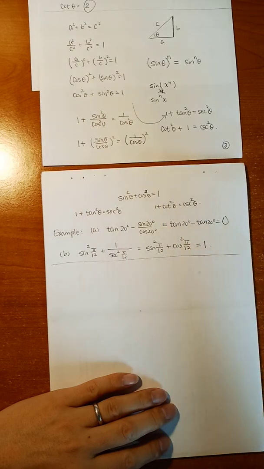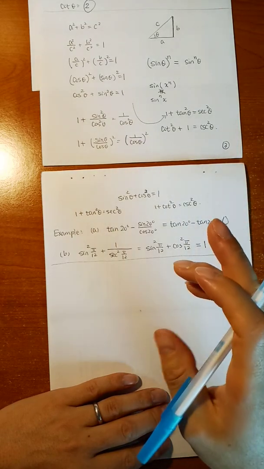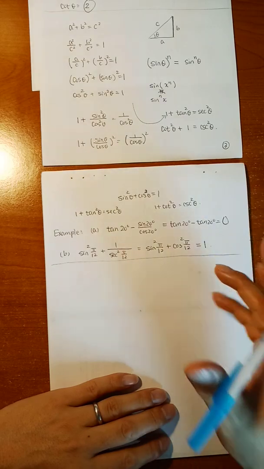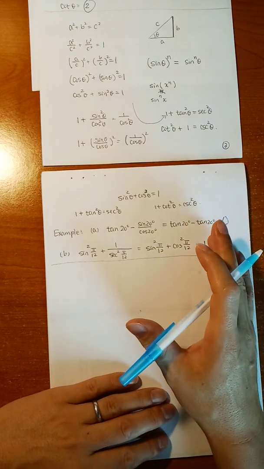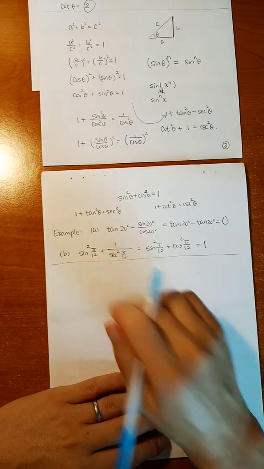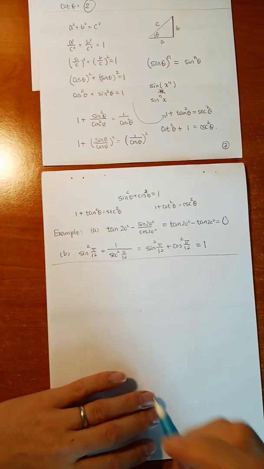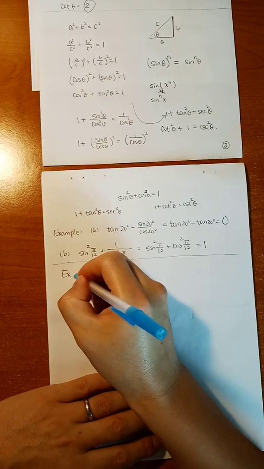Now let's see. We not only have the relation between sine, cosine, tangent, and cotangent, secant, cosecant. We not only have those relations, we also have the relation between sine and cosine, right? So now let's see the example.